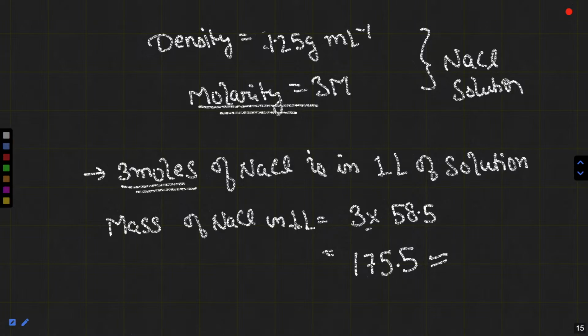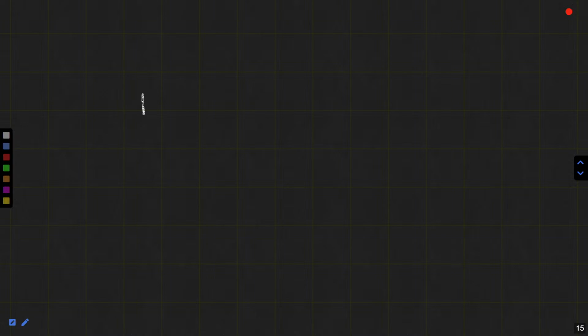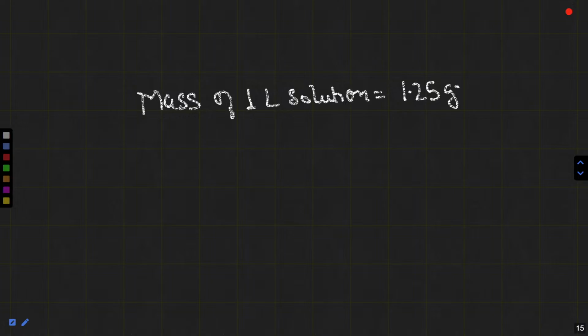Till this point, does anyone have an issue? Okay. Now, what is the mass of the 1 liter solution? So we have the density of solution, which is 1.25, and it is in gram per ml.